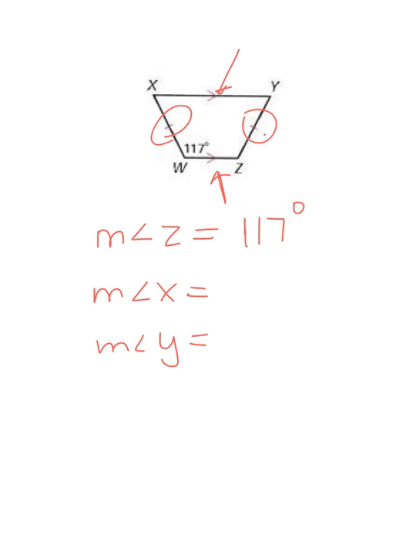Now, along with that, to find the measures of angles X and Y, remember these lines here are parallel. We would consider each of the legs to be a transversal, so we know that we have supplementary angles there. So the measure of angle X would be 63 because angle W and angle X are same side interior angles, so they're supplementary. And the same thing with the measure of angle Y, which is also 63 degrees.